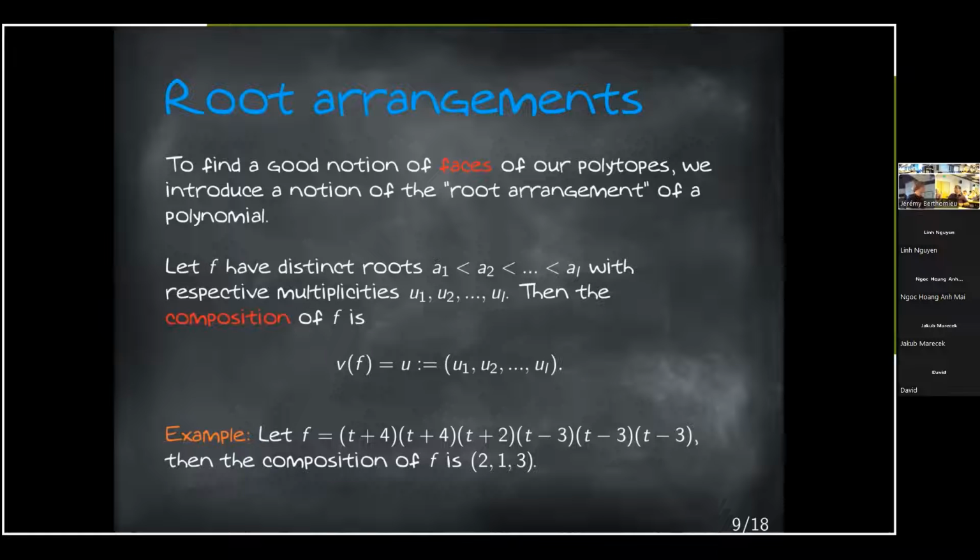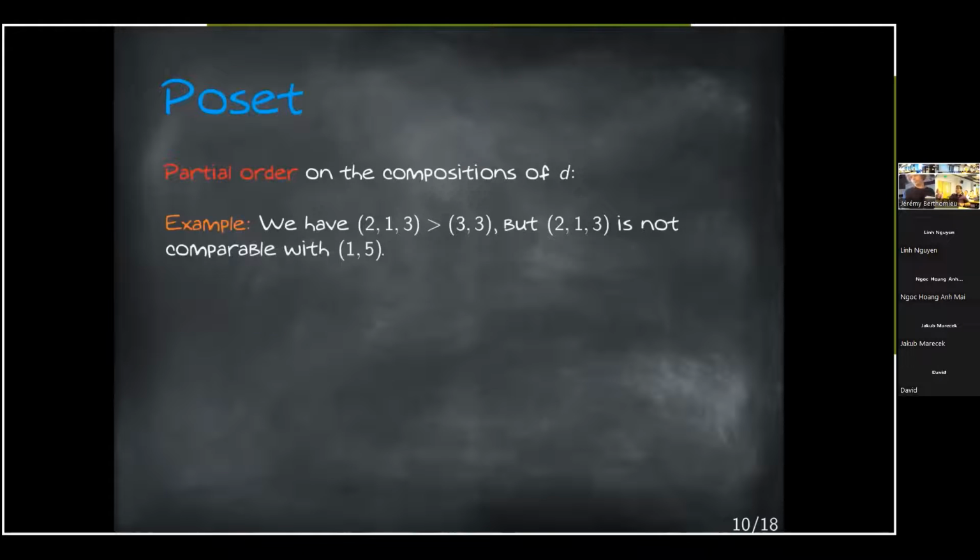So since we want to construct bases, we also need a partial order to go with this. We start with an example. We want to say that the composition 2, 1, 3 is greater than the composition 3, 3, because if you just put a plus sign in between 2 and 1, we get the composition 3, 3.